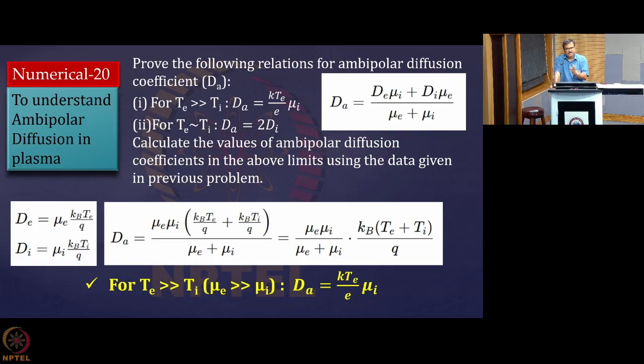So in one case, when Te is much greater than Ti, this is basically controlled by Te. You see that Te is over there, and mu_i is of course there. And when it is thermal, the diffusion is basically controlled by the ions, because ultimately they both need to move together, and the heavier species is basically controlling the diffusion.